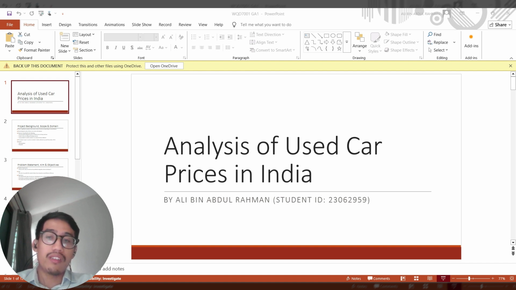Okay, so the literature study. Number one, the used car market in India has been steadily increasing since the 1990s because of an increase in the middle class population since then. Based on the trends, Asian brands are more popular than European and American brands, and because of that they tend to have a higher resale value.